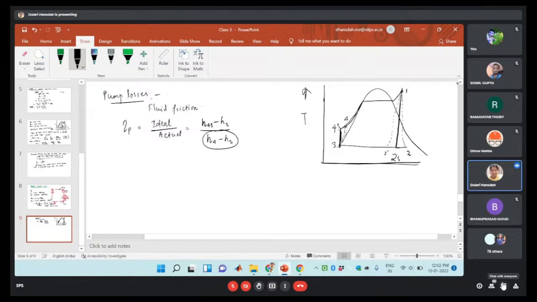So in the case of the actual power cycle, we have to consider the turbine efficiency as well as the pump efficiency to find out the efficiency of your Rankine cycle. In the Thursday class, we will solve some problems related to the losses as well as the ideal condition.